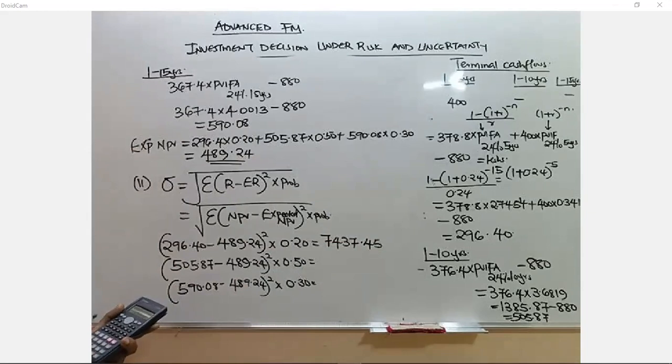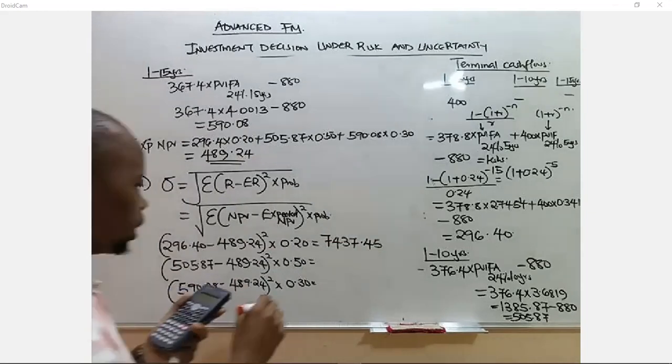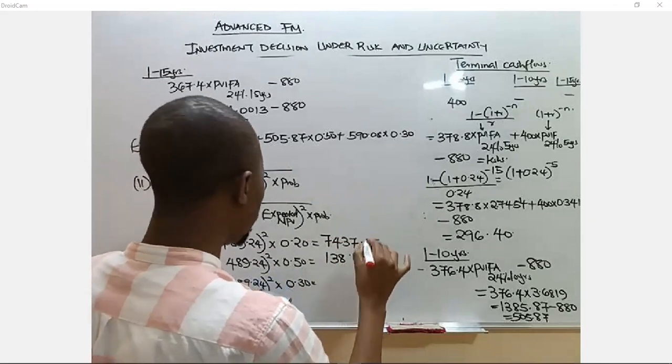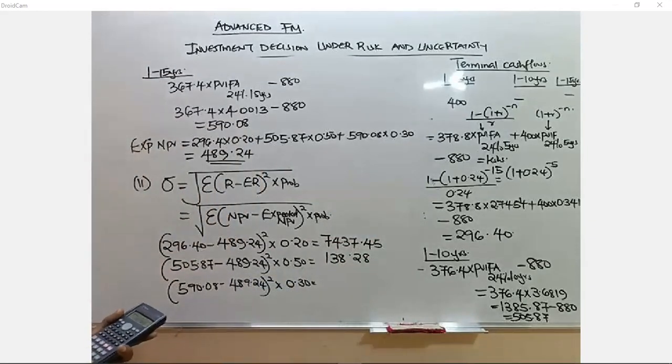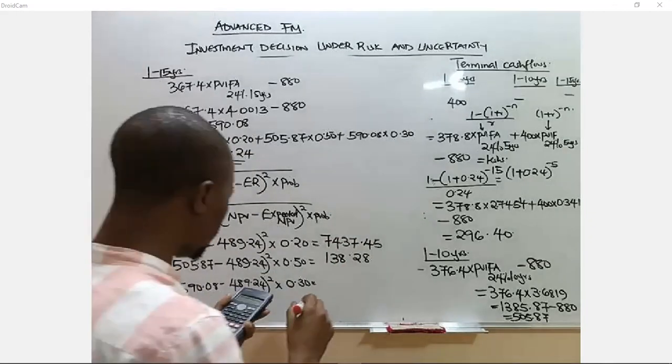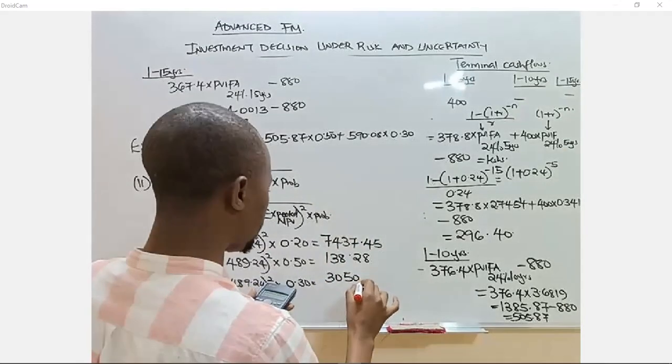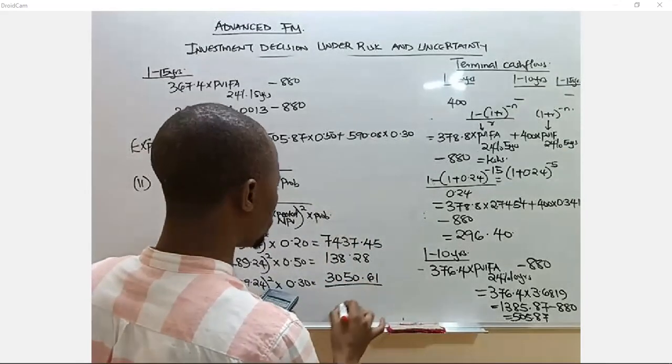Then we multiply by 0.50. This is going to be 138.28. Then the last one, 590.08 minus 489.24 squared. Then I multiply by 0.30, and we are getting 3050.61.